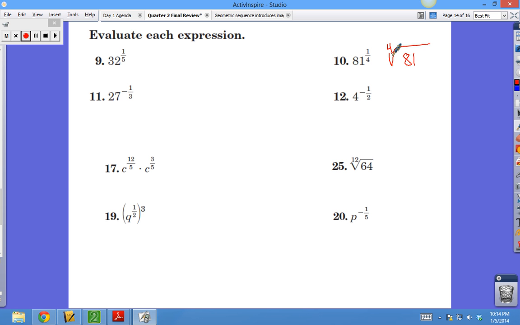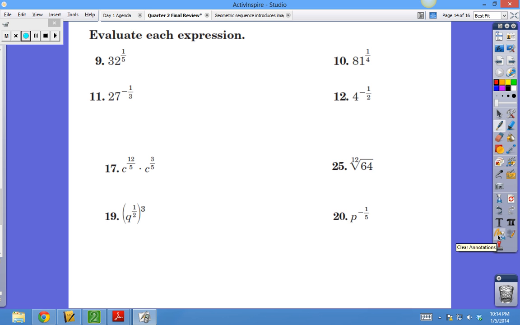Now the trick is always change these numbers out. 81 I'm going to change out for 9 and 9, for 3 and 3, 3 and 3. I am going to change 81 out for 3 to the 4th. Always change these numbers out for the prime factorization. Now look, a 4th root of 3 to the 4th. The 4th root is going to cancel the 4th power. Your answer should be 3 all by itself.